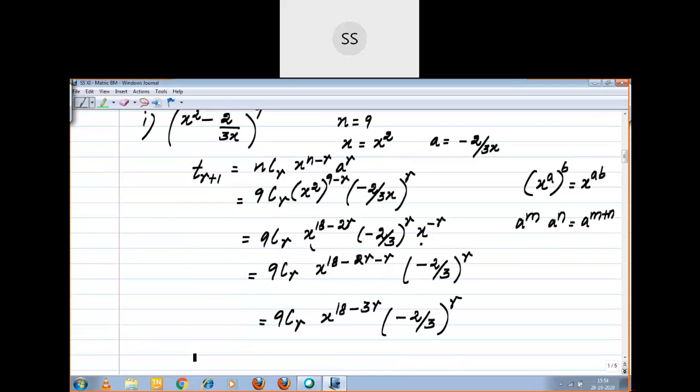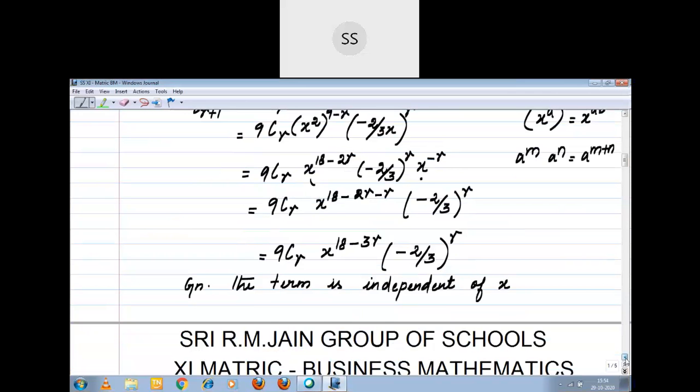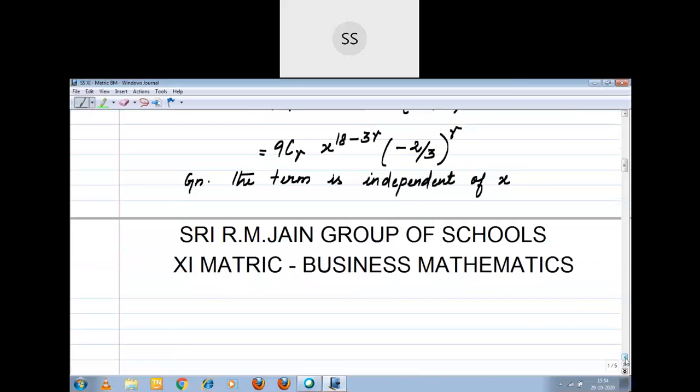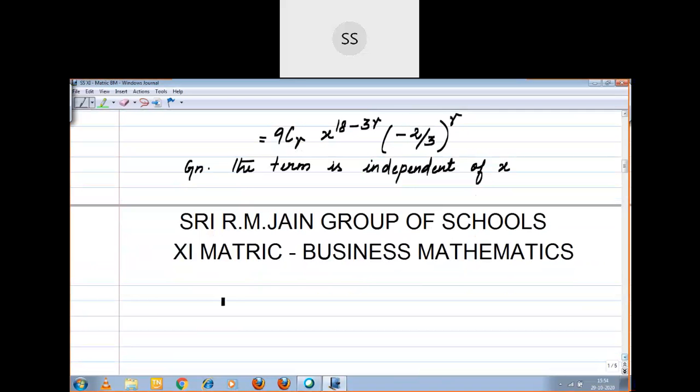Now what is given? The term is independent of x, right? Independent of x means x raised to the power 0. Now you are going to equate the powers of x.